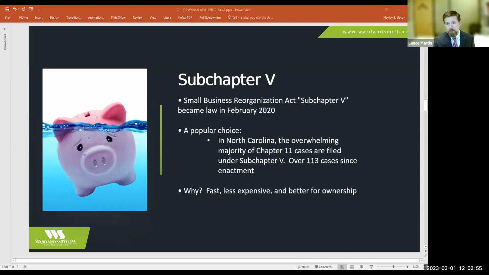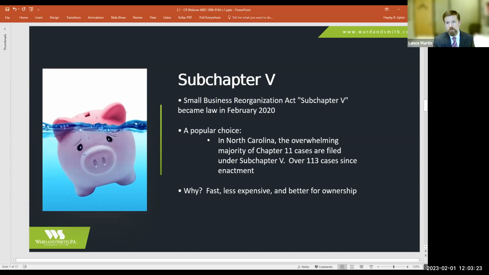Traditional Chapter 11 can be complex, it can be time consuming, and it can be expensive, particularly for small business owners. And so Subchapter V was added to the bankruptcy code under the Small Business Reorganization Act as an attempt to make the bankruptcy process more accessible to small businesses. The goal was to give small businesses a more simplified and streamlined process to reorganize their debts.